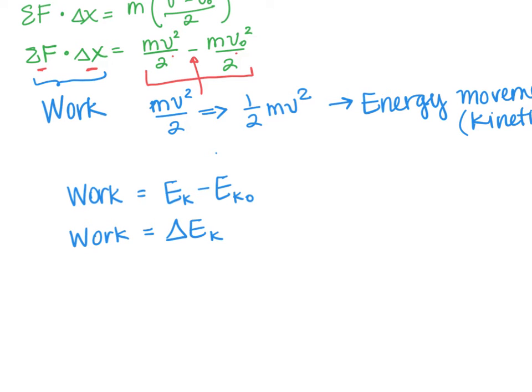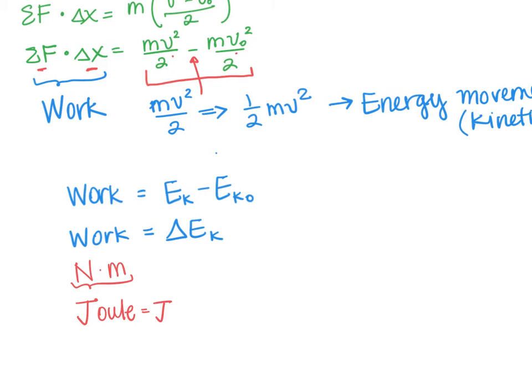Now let's look at units. Work would be a force, Newton, times a meter, and therefore the unit for this energy would be a Newton times a meter, Newton meter. But because of the scientist James Prescott Joule, we call a Newton meter a joule, for James Prescott Joule, where J is our abbreviation.